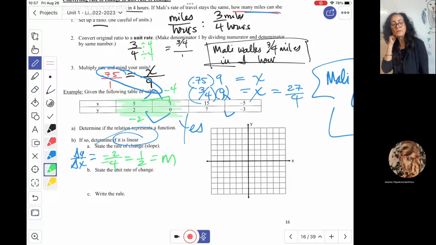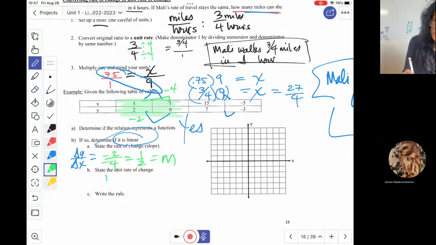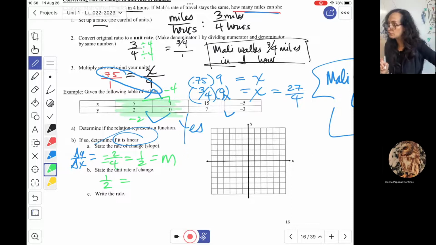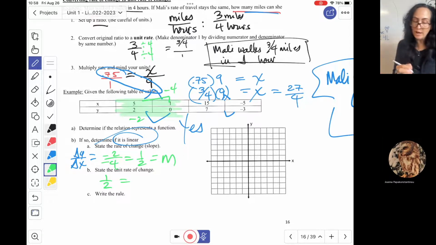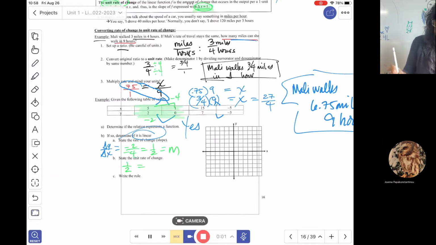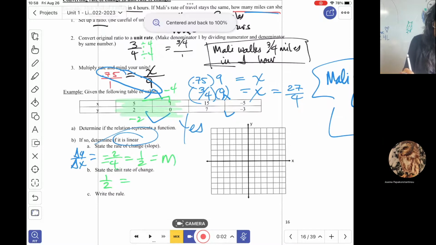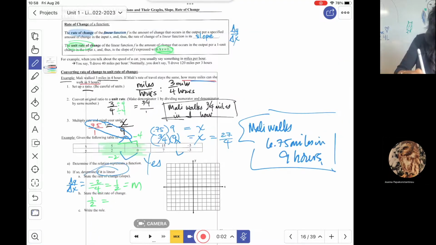Okay, now to make sure it's linear, you would check all those change of y's over change of x's. So what is the unit rate of change? If this is my constant rate of change and I want unit rate of change, that means that denominator has to be 1. So what am I doing? I'm dividing by 2.